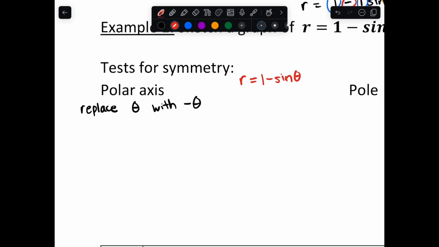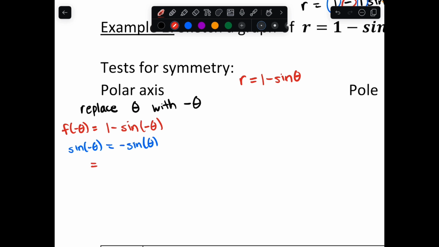Now I want to show that f of negative theta is equal to f of theta. So f of negative theta is going to be equal to 1 minus sine of negative theta. Now we have an identity that says sine of negative theta is actually equal to negative sine of theta. So we can continue in red.